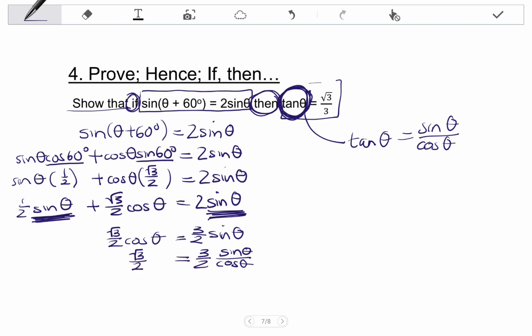So if I have root 3 over 2 and I divide by 3 over 2, I can tip it and change to multiplying by 2 over 3. And then the sine theta over cos theta gives me tan theta. Simplifying the left-hand side, the 2's cancel, and I'm left with root 3 over 3 equals tan theta, which, if I just write the other way around, is my then part. So we have shown it.